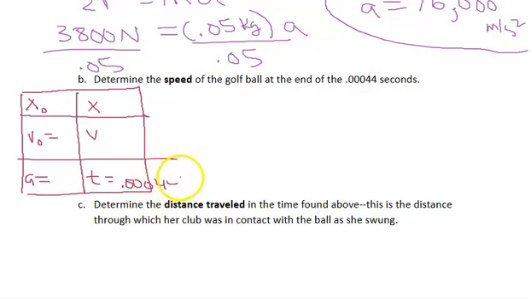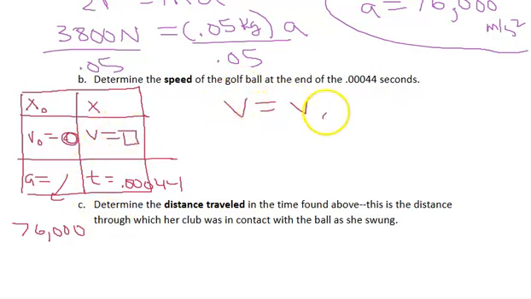Okay, so teeny tiny amount of time, huge acceleration. It doesn't even fit in the box. Started from rest at the tee, and this is what we're looking for. So a lot of velocity function in this worksheet.